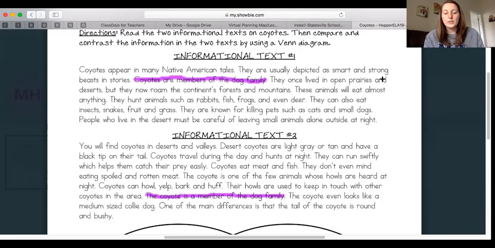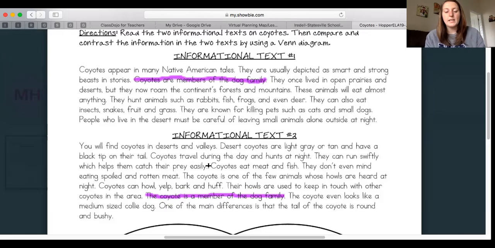They once lived in open prairies and deserts, but they now roam the continent's forests and mountains. Okay, here we go. This one talks about how it eats almost anything. They hunt animals such as rabbits, fish, frogs, and even deer. Let me see if this second one talks about what they eat. Okay, they hunt, they catch their prey. Here we go.